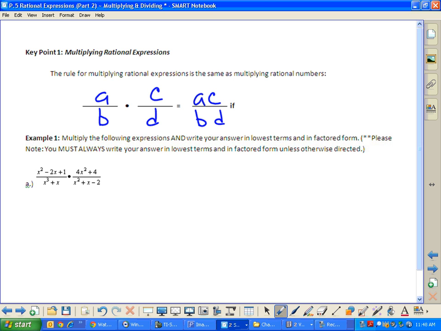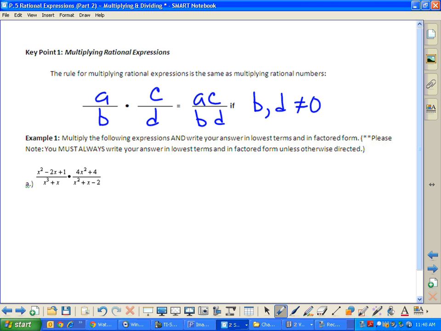It sounds like you have a good understanding of that. Keep in mind this is only going to be possible if b and d are not equal to 0. So in the end, yeah, you can multiply straight across. But we're going to cross-cancel common factors first. Make that multiplication easier at the very end.